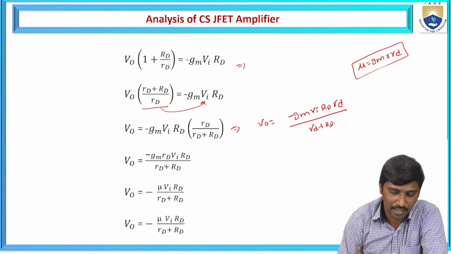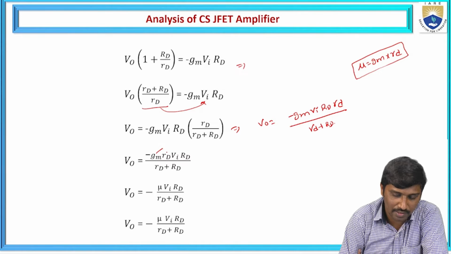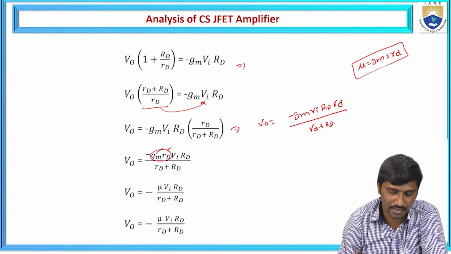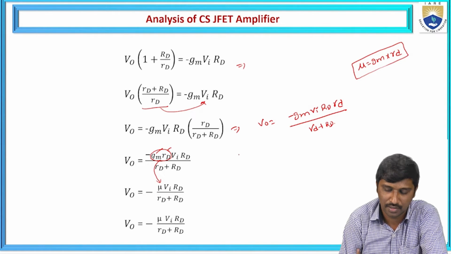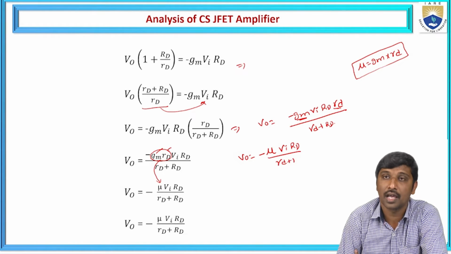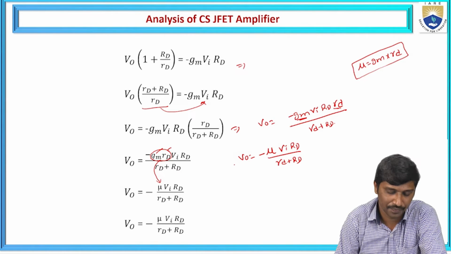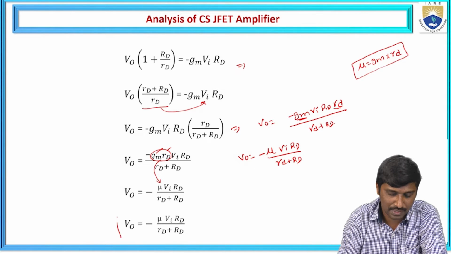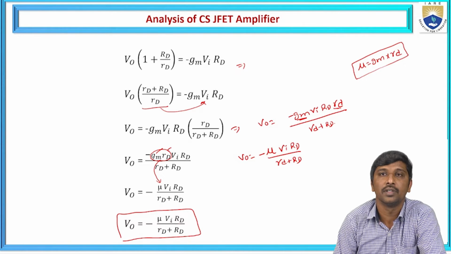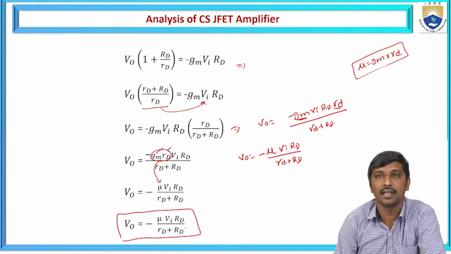This product of Gm and small rd is replaced with the mu factor. Hence it is represented as V0 is equal to minus mu Vi into capital RD by small rd plus capital RD.